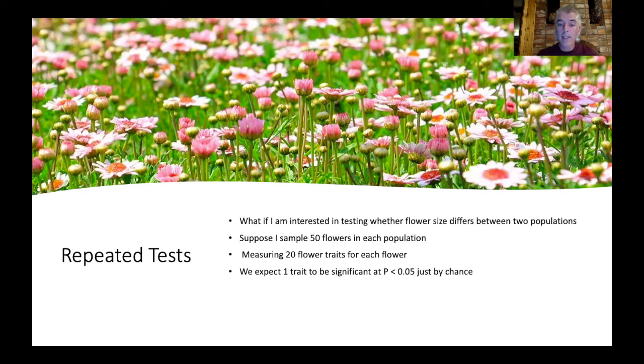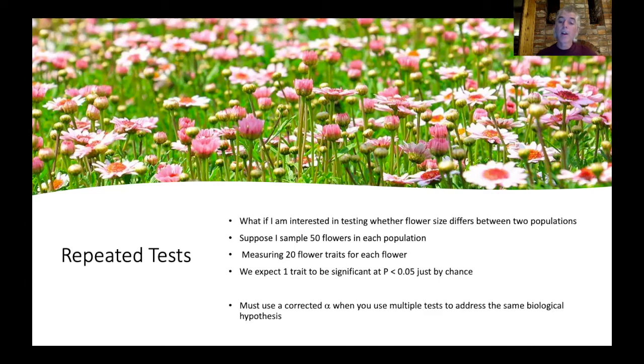The problem that arises is that if we were to perform 20 different statistical tests, one for each of those flower measurements, to test the same biological hypothesis that size differs, then we would expect that 1 out of every 20 statistical tests would falsely reject the null hypothesis at an alpha of 0.05, because that's what 0.05 means. 5% of the time, or 1 out of every 20 statistical tests, will falsely reject the null hypothesis.